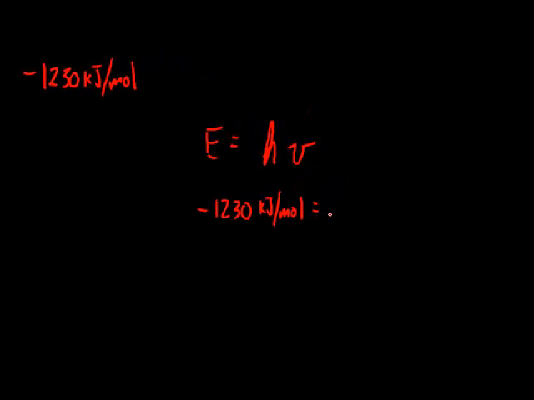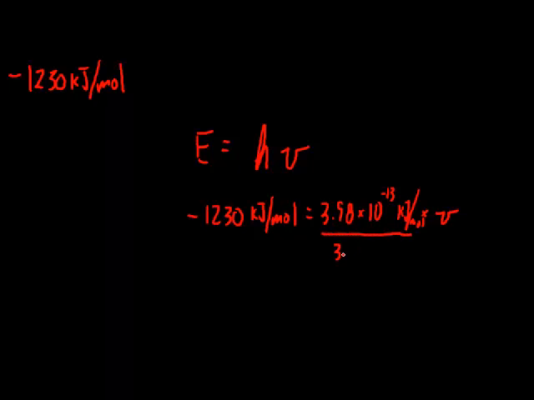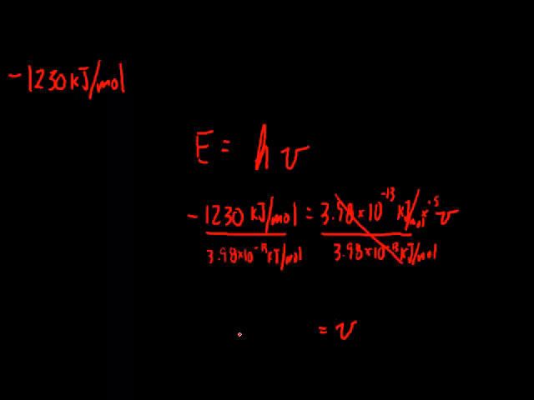We need the version of h that's in kilojoules per mole, which was 3.98 times 10 to the negative 13th kilojoules per second per mole. So we divide both sides by that. Frequency is 3.09 times 10 to the 15th, three sig figs is good, per second or hertz.